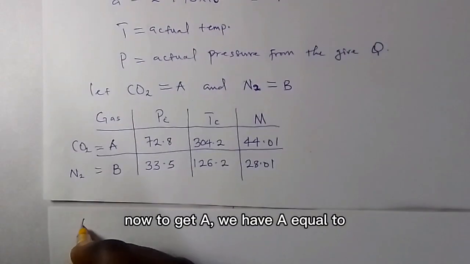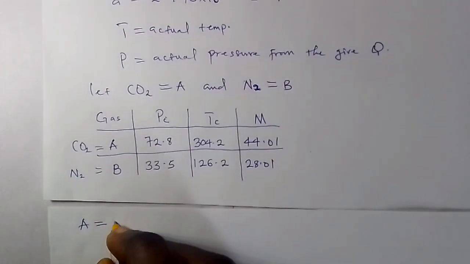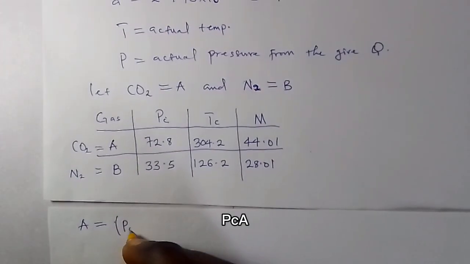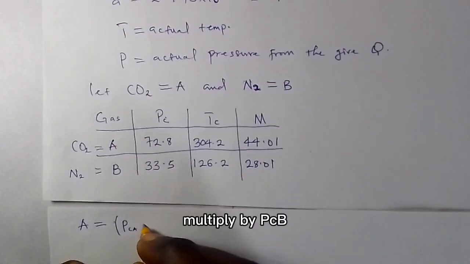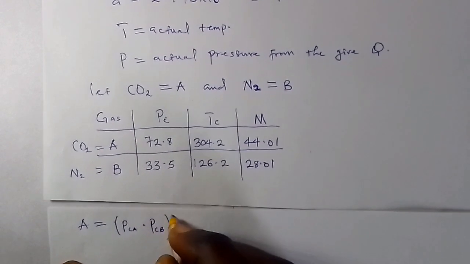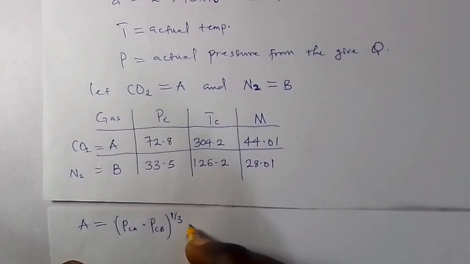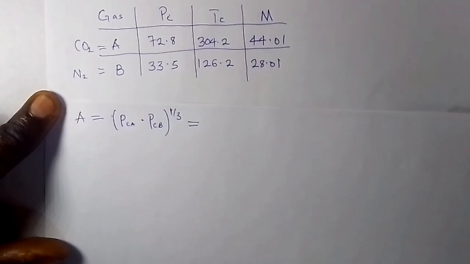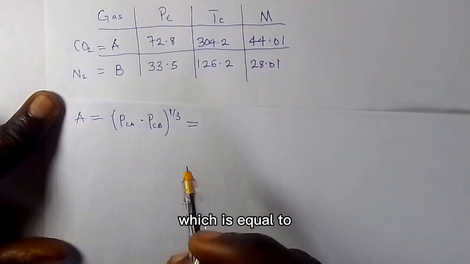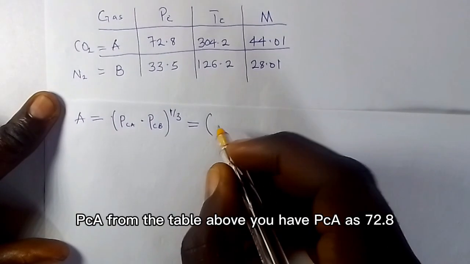Now, to get A, we have A equal to PCA multiplied by PCB, all to the power of 1 over 3, which is equal to PCA.